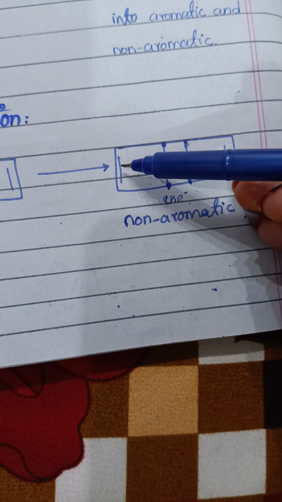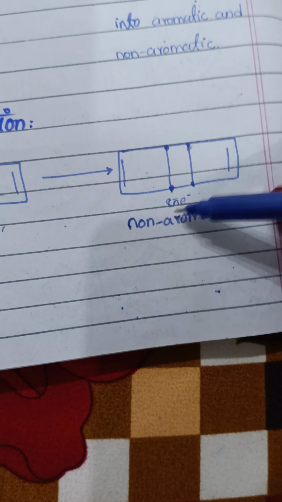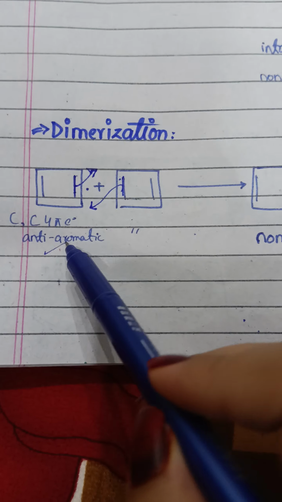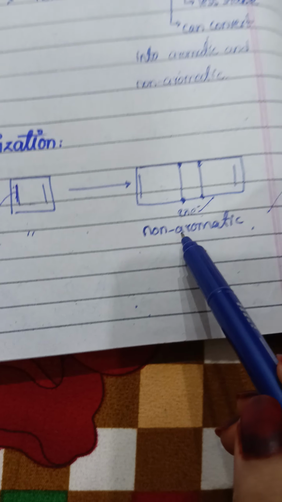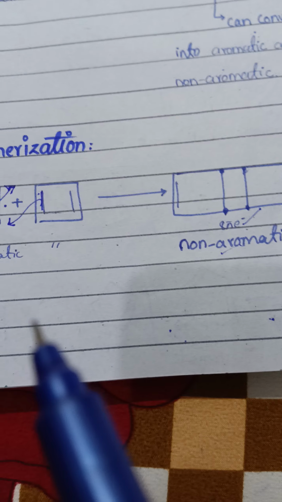So we have 1, 2, 3, 4, 5, 6, 7, 8 pi electrons, so it is non-aromatic. So we see how an anti-aromatic compound changes into a non-aromatic compound, which is more stable than the anti-aromatic compound.